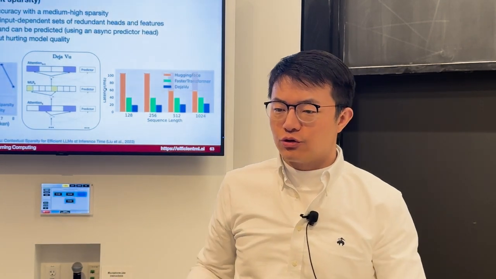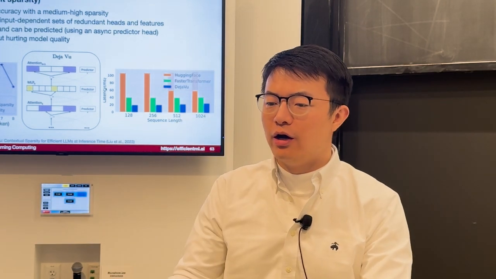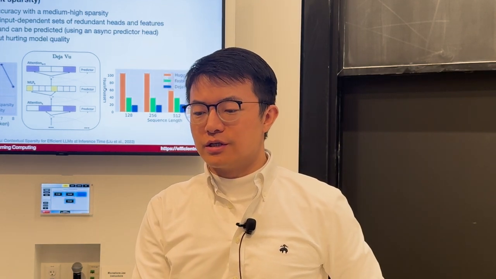Okay, contextual sparsity. People found that when we are pruning the activations, static sparsity hurts. It should be input dependent. Contextual sparsity is basically saying that a small, input-dependent set of redundant heads and features exists in large language models.